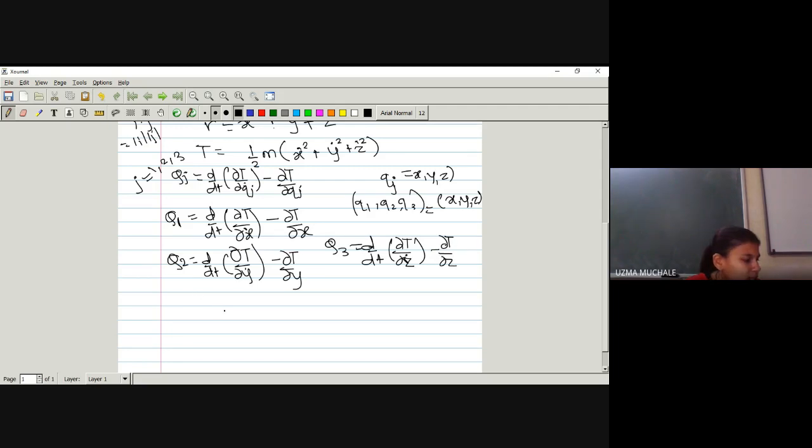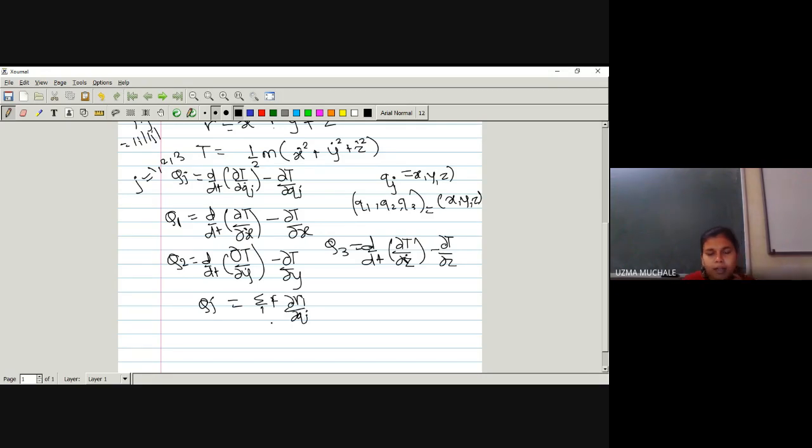Okay. Now let us evaluate one by one. For evaluating these, let me go for Qj, because for these equations we can evaluate this part. Because if we know the value of T, we can evaluate the derivative of T with respect to x dot, derivative of T with respect to x. But what about Q1, Q2, Q3? For that, let me go for Qj. The value of Qj we have found is summation over i of Fi dot dou ri by dou qj.